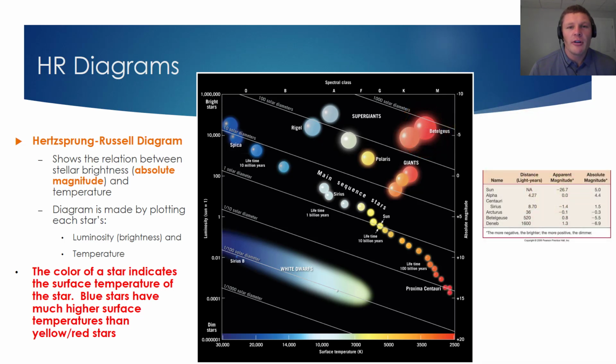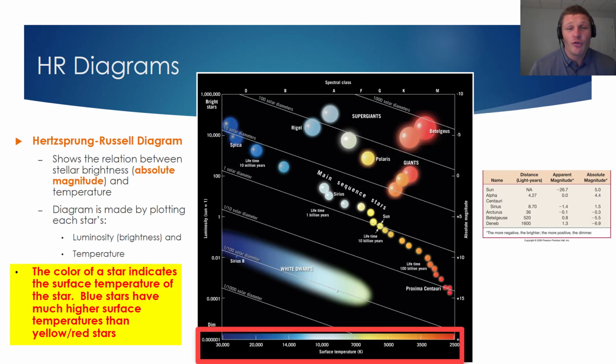Now, another very important concept shown on these Hertzsprung-Russell diagrams is surface temperature. That little blurb you see in red is extremely important to note. The color of a star indicates the surface temperature of the star. Your blue stars will have much higher surface temperatures than your yellow and red stars.